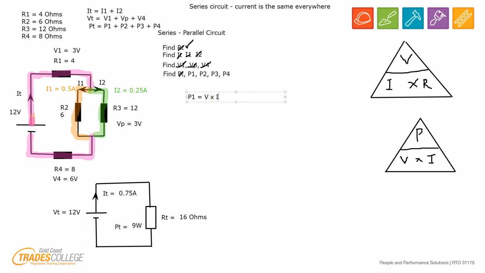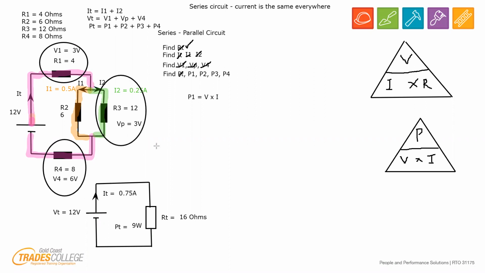It's which V and which I we're looking at. P1 power is in this area here, so those are the values we need. P4 is going to be there. P3 is going to be in this area, and P2 is going to be with this information here.